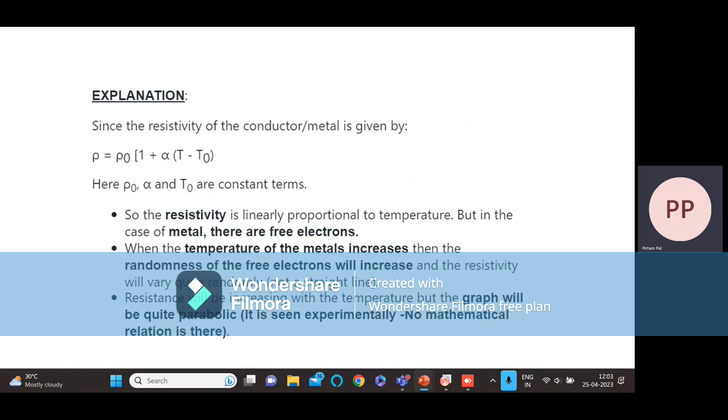When the temperature of the metal increases, the randomness of the free electrons also increases, and the resistivity will vary not in a straight line. So resistance will increase with temperature, but the graph will be quite parabolic. This is seen experimentally, but no exact mathematical relation is there.